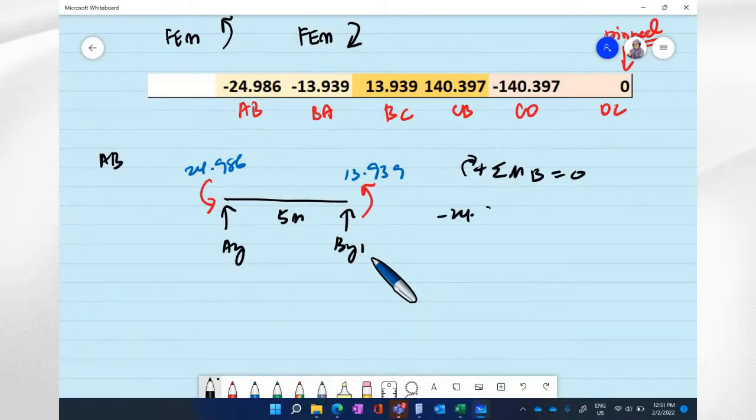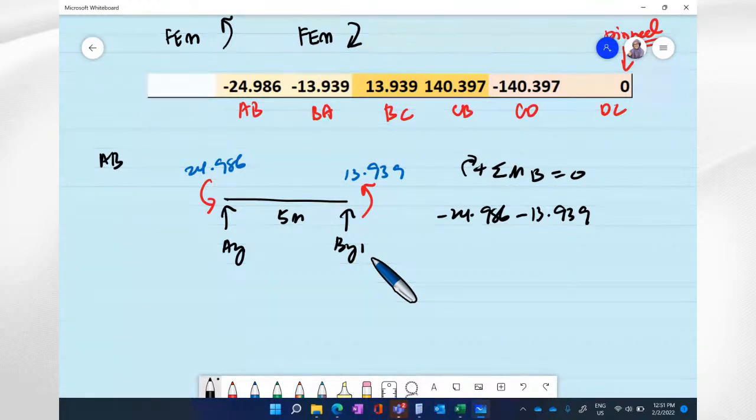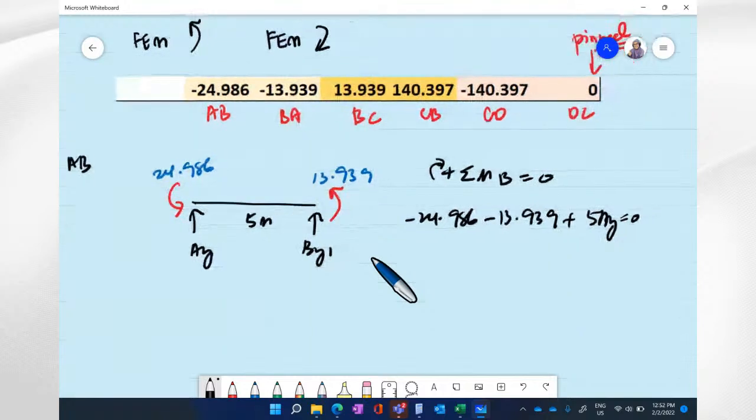So what we get is negative 24.986, negative 24.986 minus 13.939 plus 5 AY, equal to 0.